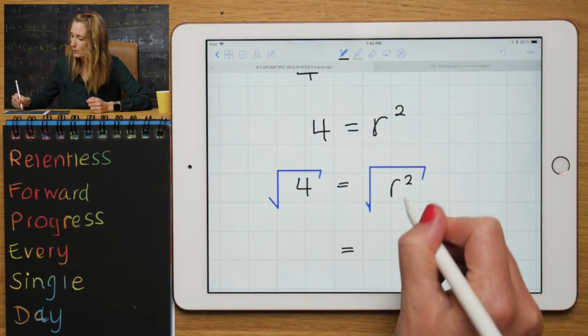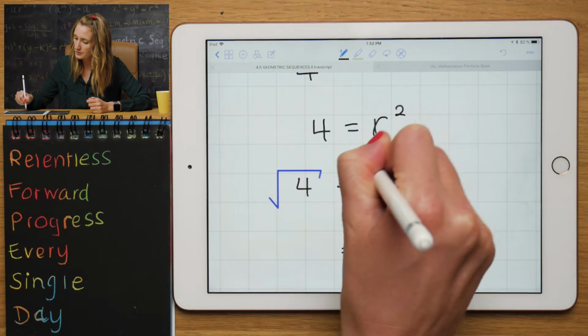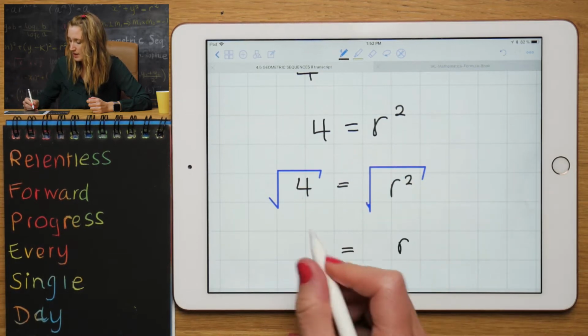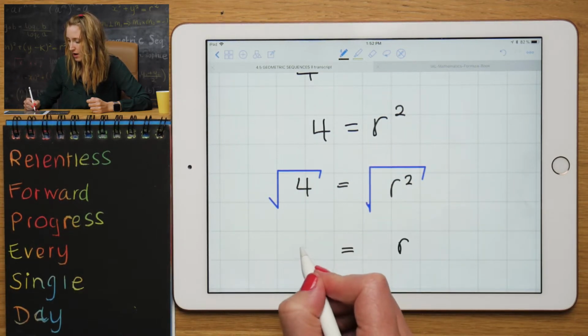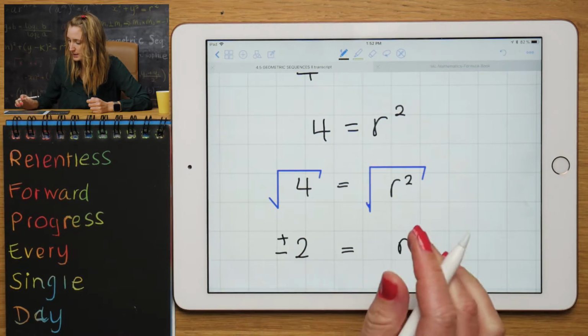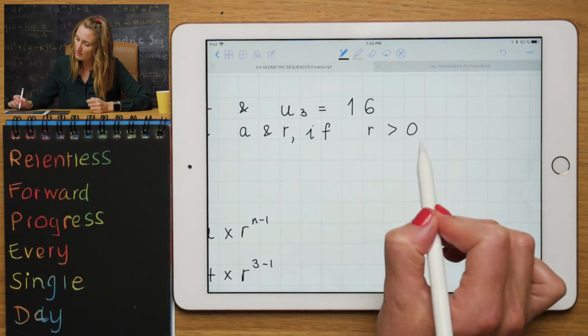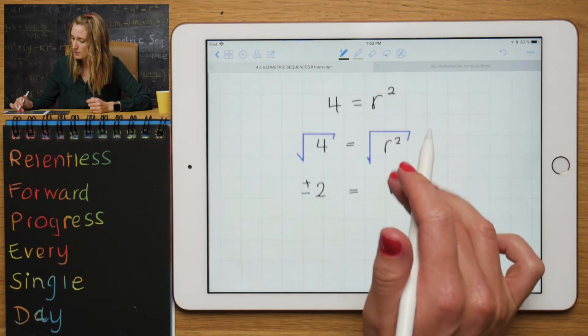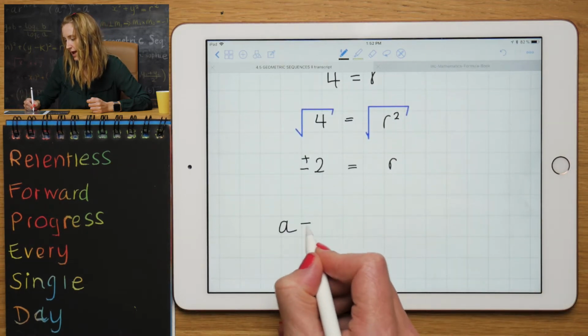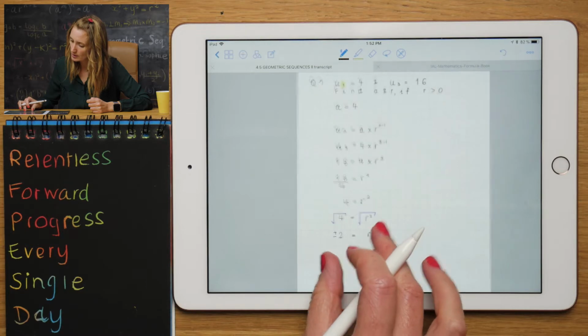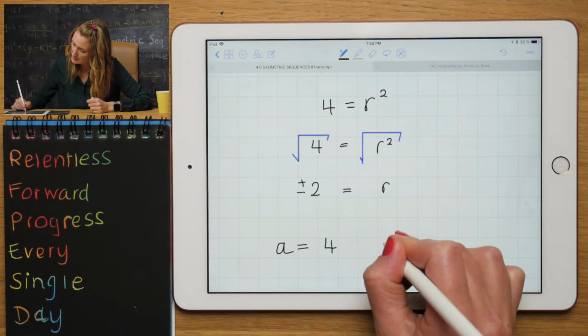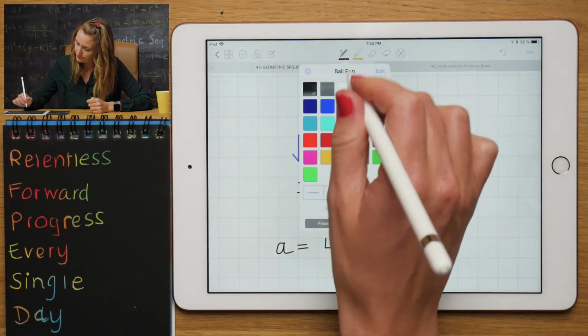Now when I take the square root of r squared, the squared and the square root will cancel. And when I take the square root of 4, I will get plus and minus 2. Don't forget both of them. In this question, I've been told r is bigger than 0. So my final answer here will be A is equal to 4 and r is equal to 2.